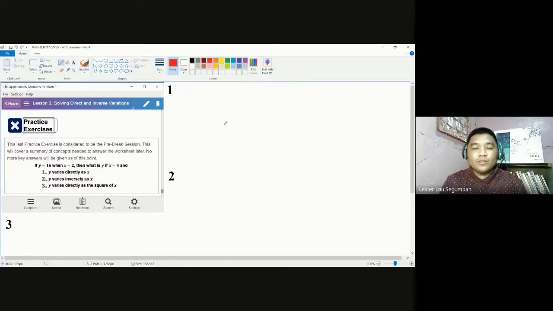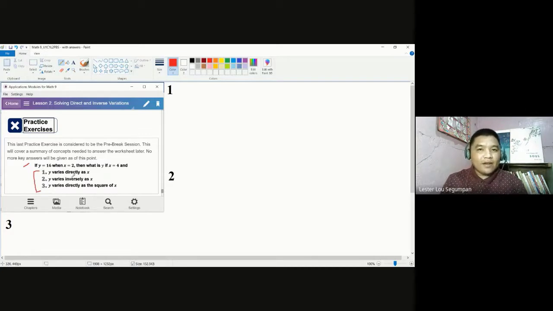Answering problems that involve direct, square, and inverse variations needs very much focus on what type of values are being presented. In this pre-break session, we are given just one group of values, but we are going to solve for the unknown using different scenarios.